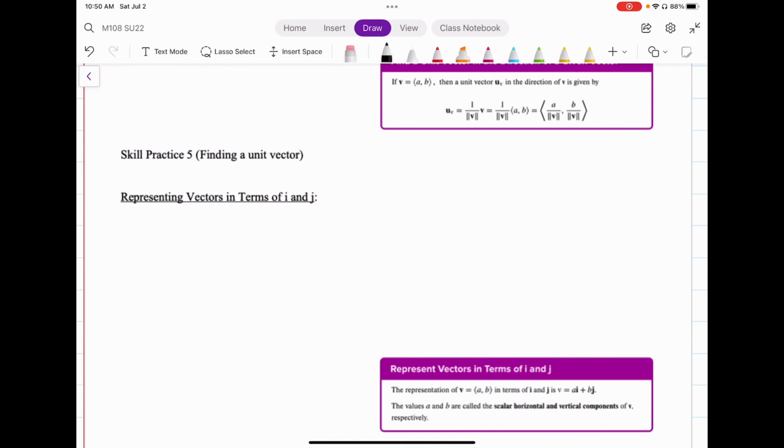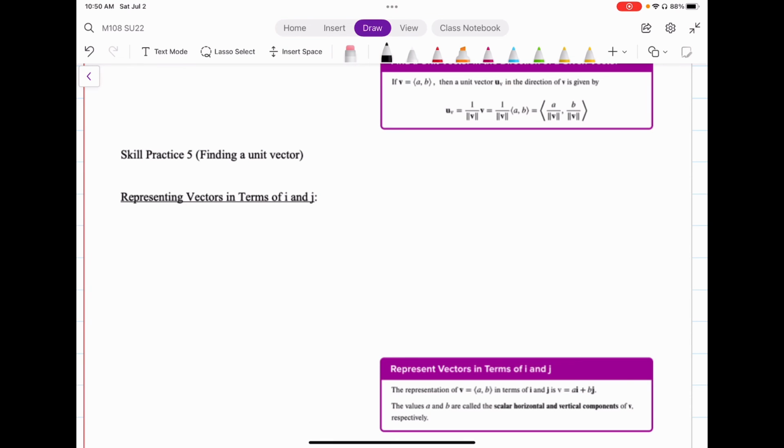We have these two vectors that we use that are special. We call them i and j. And vector i is the vector 1, 0, and vector j is the vector 0, 1. They're unit vectors in the directions of the positive x and y axes.